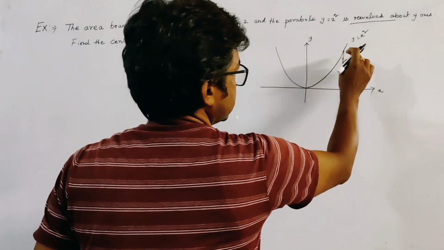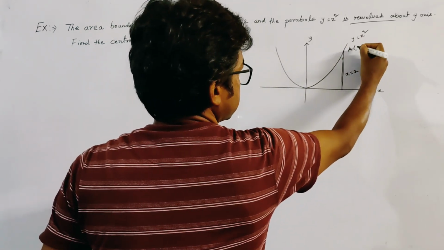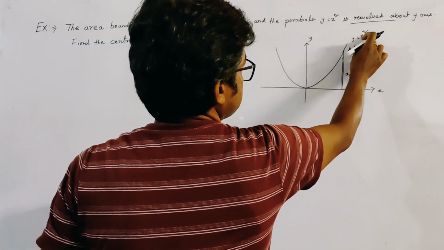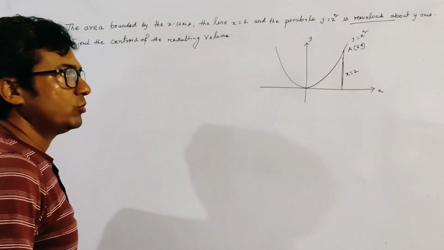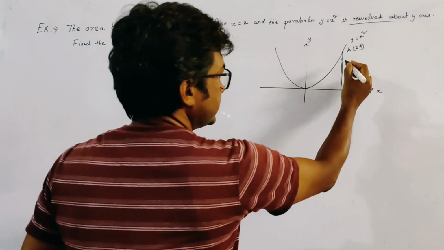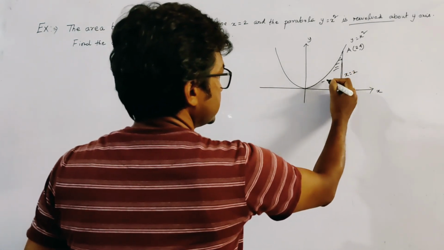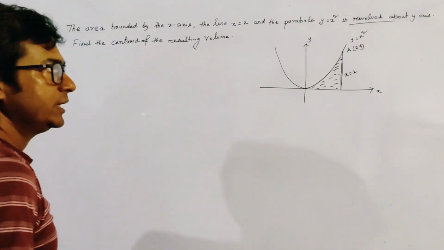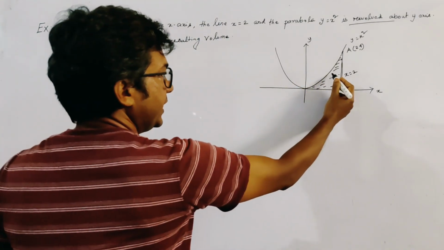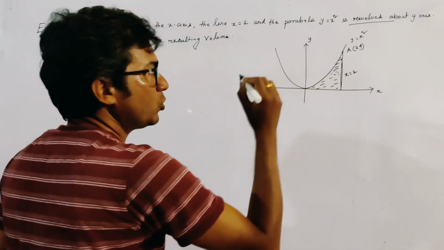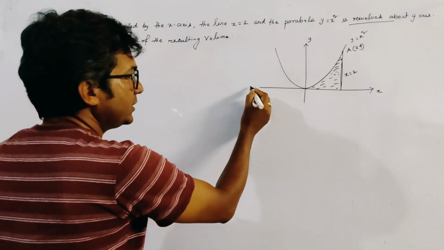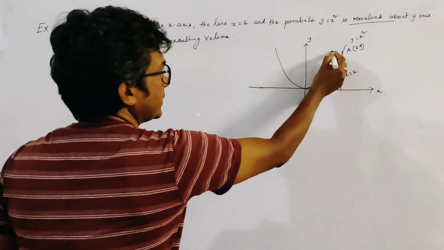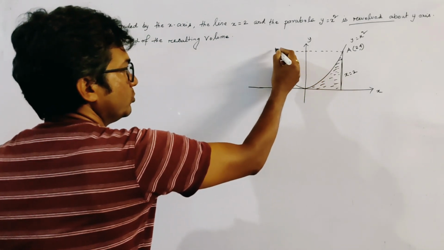If we take this as the point A, it is given by (2, 4), because if we put x equal to 2 then y equals 4, and the x-axis is this, so this area is revolved about the y-axis. If this shaded area revolves about the y-axis, then we get a symmetric volume.